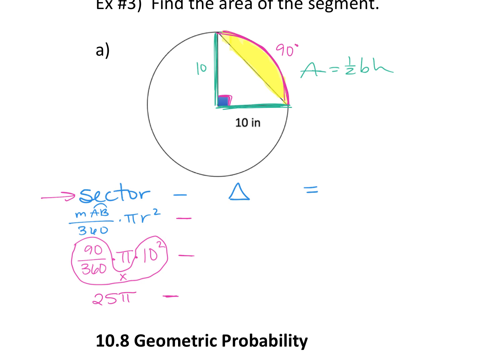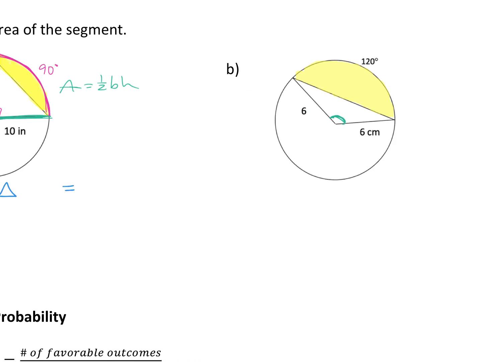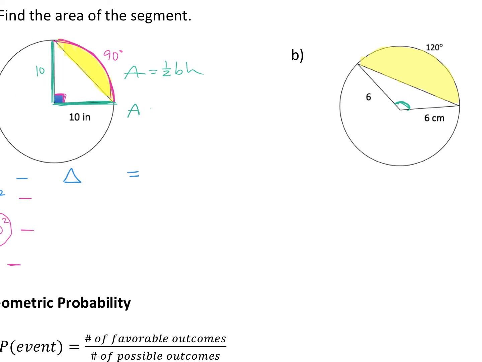But here's the issue. Look over here. Can you do 1/2 base times height on that one? No, because this is not a right angle. So if you want to always use the same formula, it will always work to do 1/2 bc sine A, because you will always know your radii and you will always know that angle. So if you want to play it safe, stick with that.